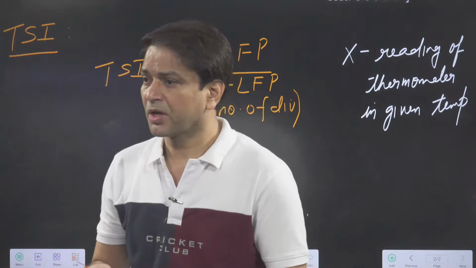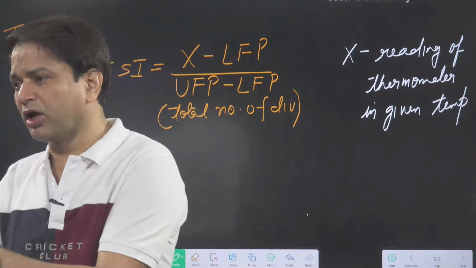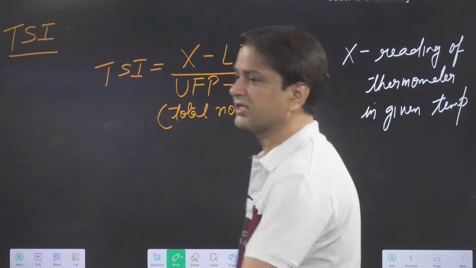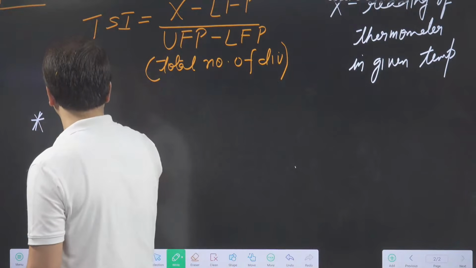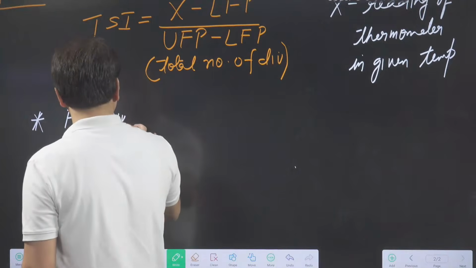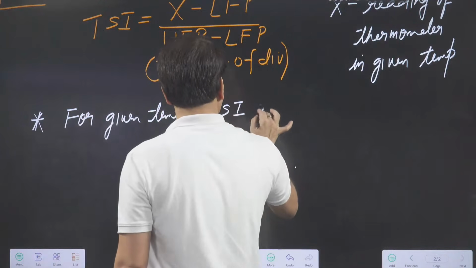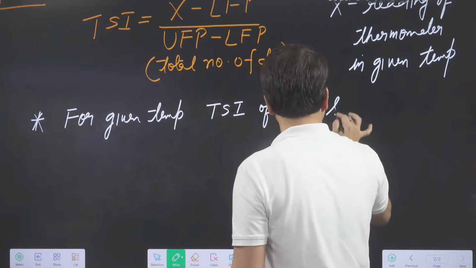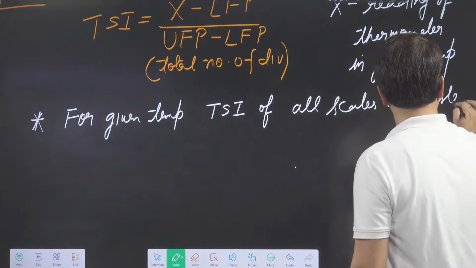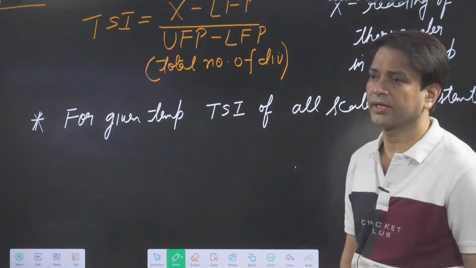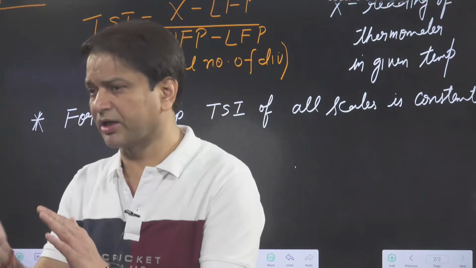Again I am repeating, for a given temperature, the TSI of all scales is constant. Everybody got it? By using this we can get the relation between the different scales.